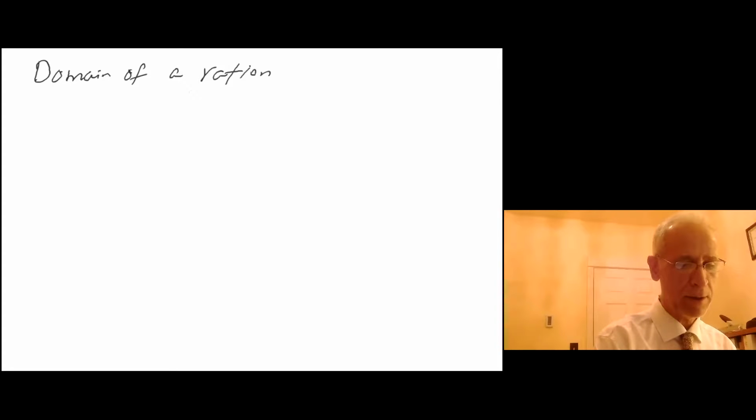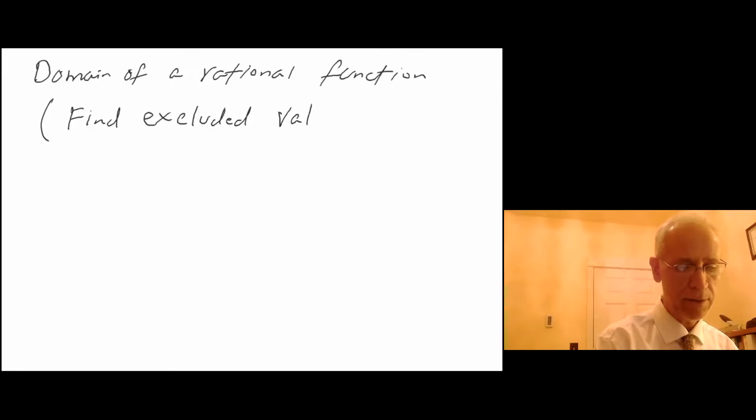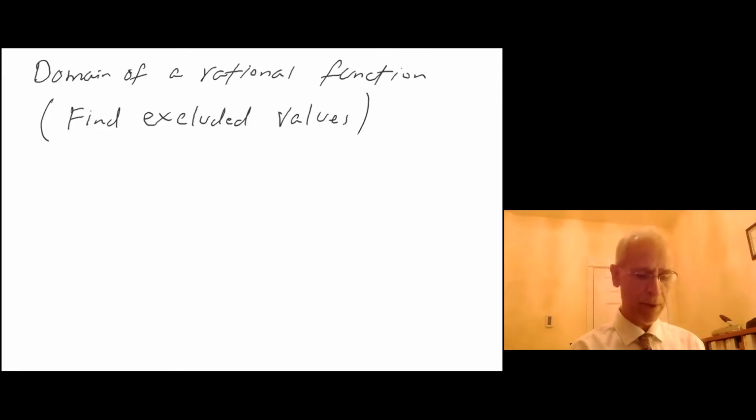The other thing that we talked about is to find the domain of a rational function, also named as finding excluded values. And that's actually quite simple.